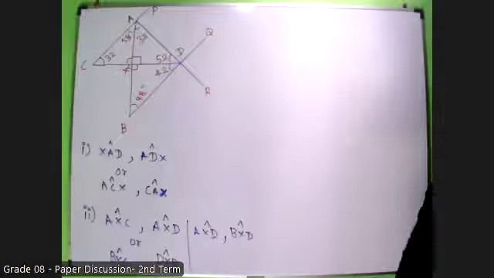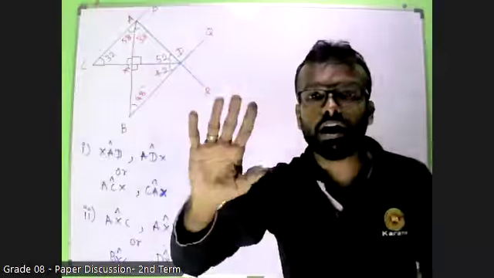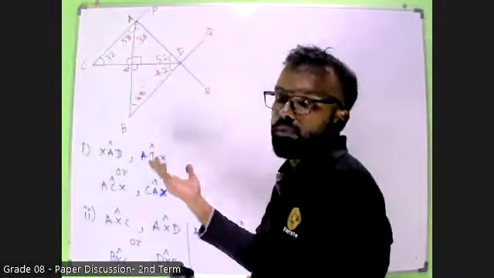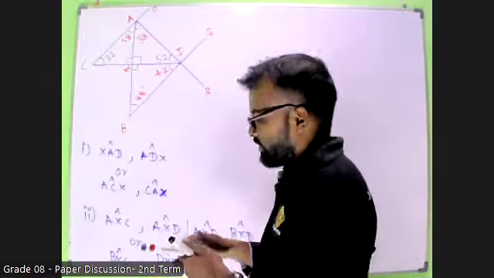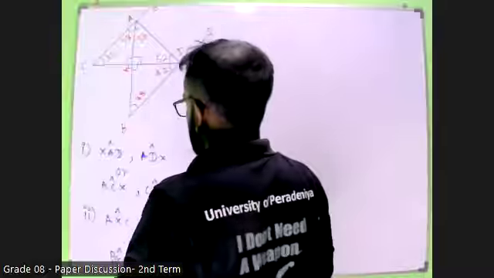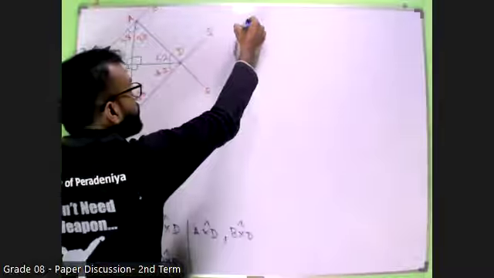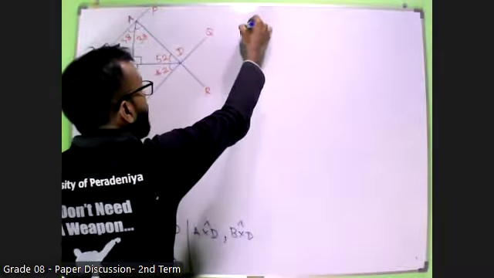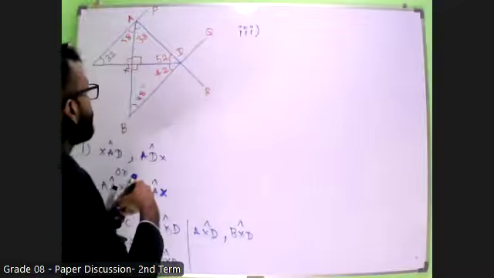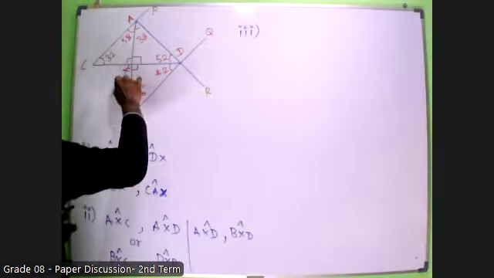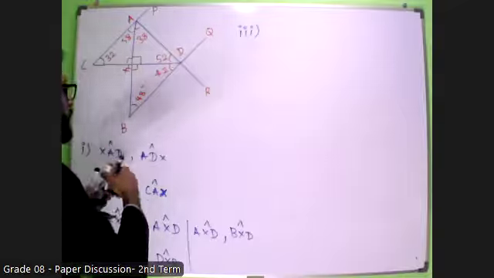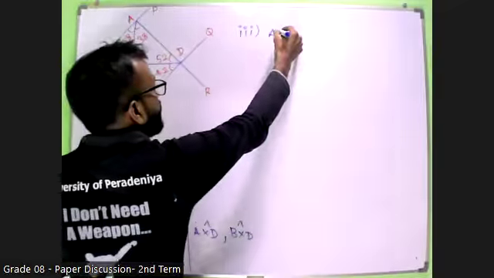Okay. Third one, vertically opposite. There are a lot of vertically opposite pairs, so I will write two pairs of them. You can write AXD angle.